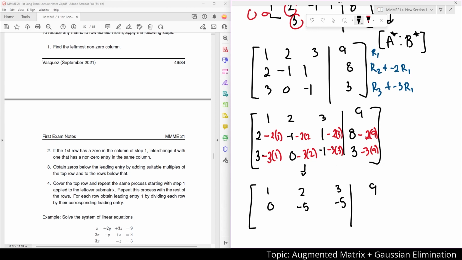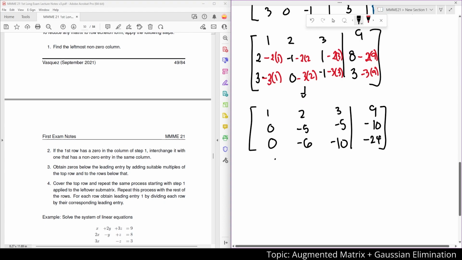And 8 minus 18, we would have negative 10. So please be careful with your arithmetic here because take 2 ko na to kasi nagkamali ako ng arithmetic kanina. Okay. And next, 3 minus 3, 0. 0 minus 6, we have negative 6. Negative 1 minus 9, we have negative 10. 3 minus 27, we have negative 24. Okay?